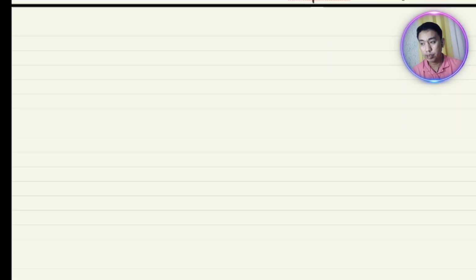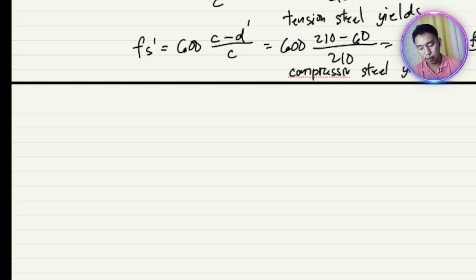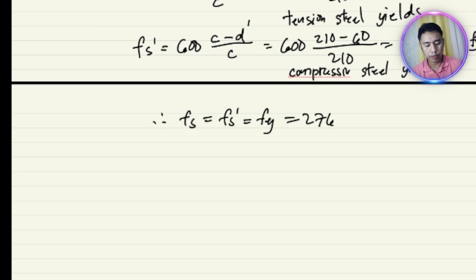Now, kung nag-yield lahat, meaning ang Fs is equal to Fs prime is equal to Fy, which is equal to 276 megapascal. So yung value ng Fs prime natin at saka Fs is equal to 276. Okay?